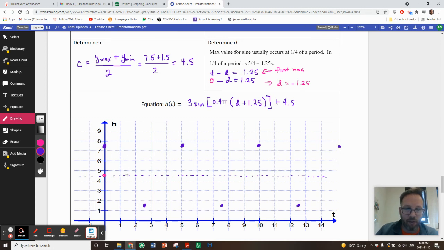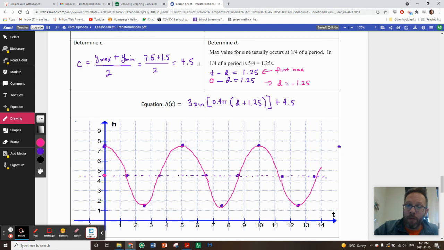And then we hit the axis halfway between the max and mins. So here, here, here, here, here, and it would be here. Okay, so we start at the top, and then our ride goes down. As the ride keeps spinning round and round, we go up, we go down, we go up, we go down, etc.